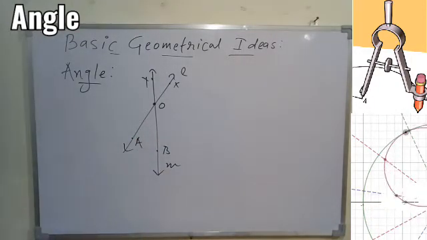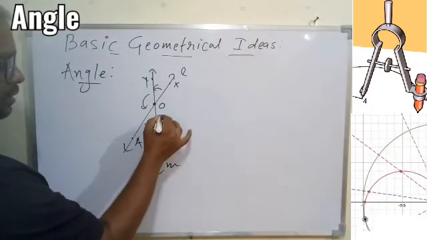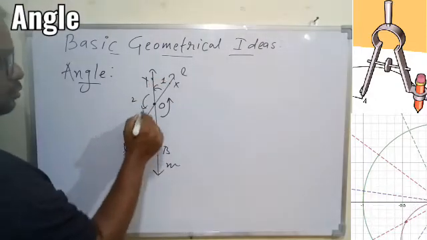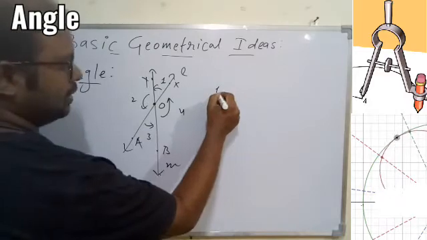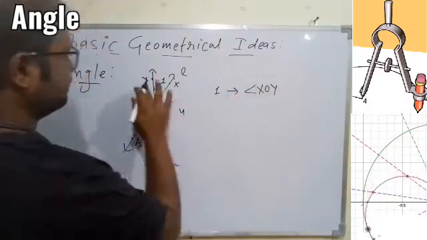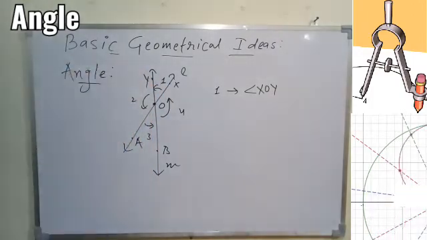We have four angles: angle 1, angle 2, angle 3, angle 4. So let's write them down. Angle 1 can be written as angle XOY.